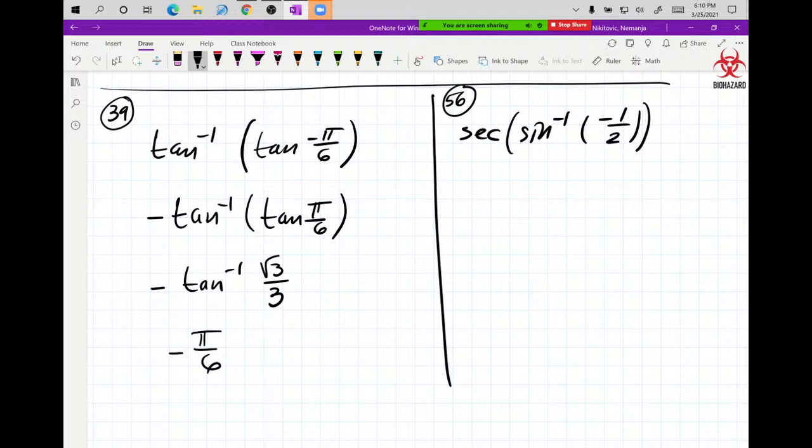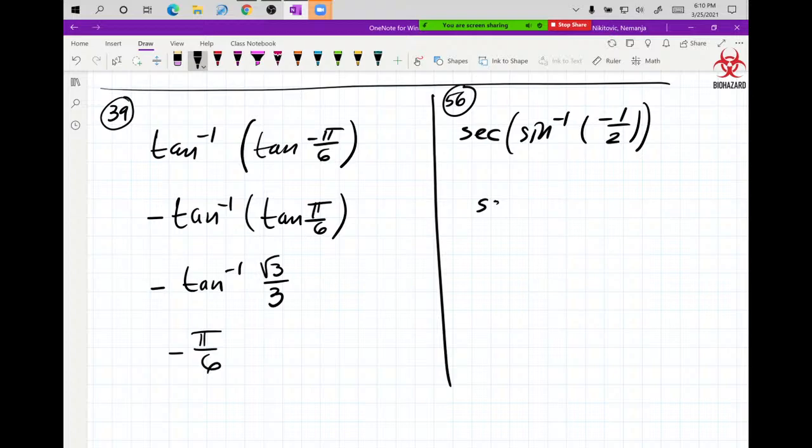So for the secant, right? You have this negative sign, right? Which you can construct a triangle and then use that negative on 1 and leave 2 as the hypotenuse.